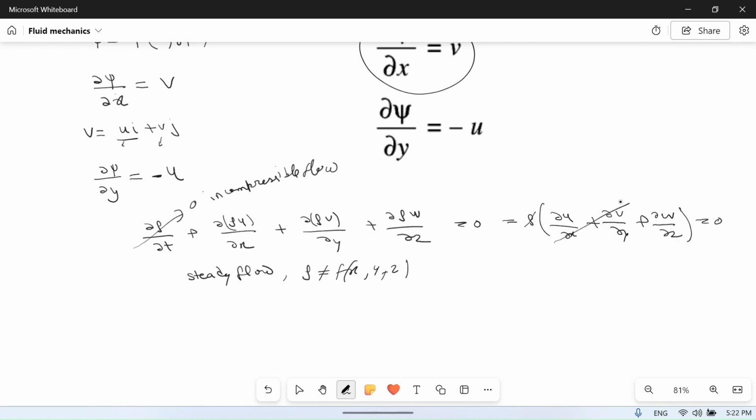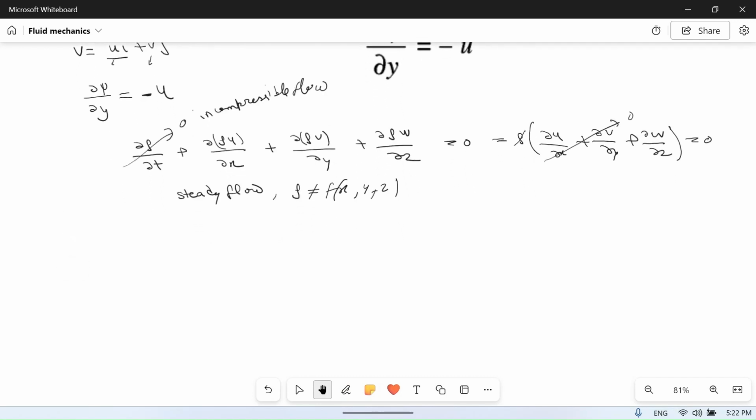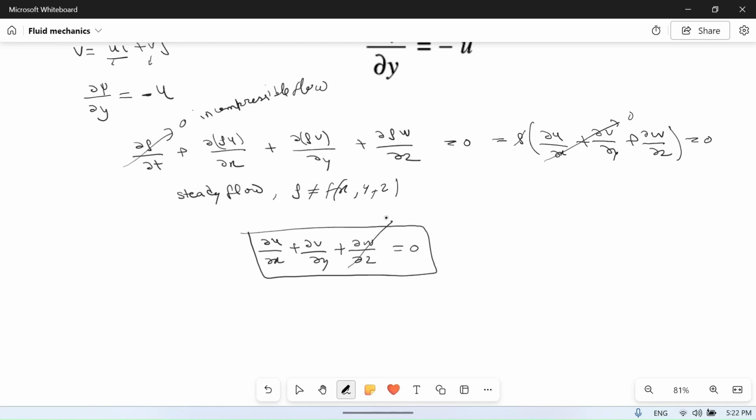Rho, the density, is not 0, so it will become del u upon del x plus del v upon del y plus del w upon del z is equal to 0. This is the continuity equation in three dimensions for steady and incompressible flow. If we talk about two directions, then the third component will be 0, so it will become del u upon del x plus del v upon del y is equal to 0.